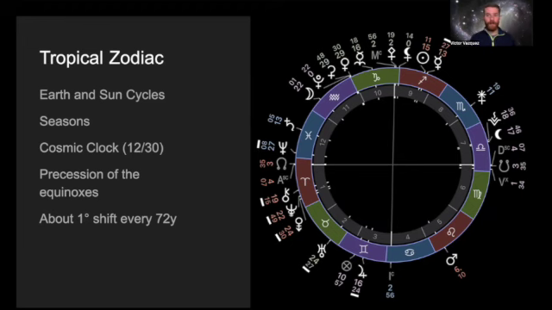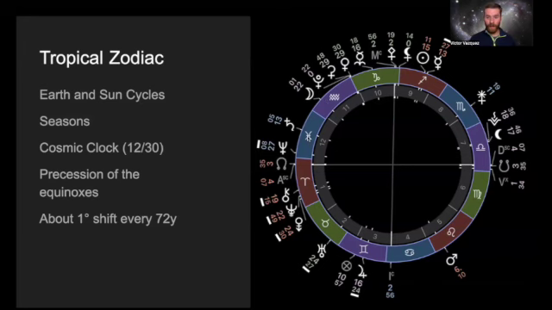So, the tropical zodiac mainly is aligned to the Earth and the Sun cycles, which by doing this, it's also aligned to the seasons, and it's like a cosmic clock. So, if you look at the 12 constellations, we have Aries, Taurus, Gemini, and like this, we have all 12 constellations until Pisces.